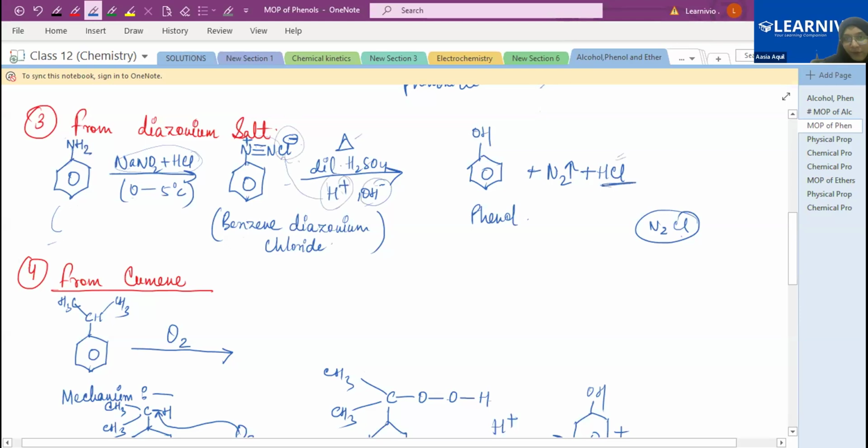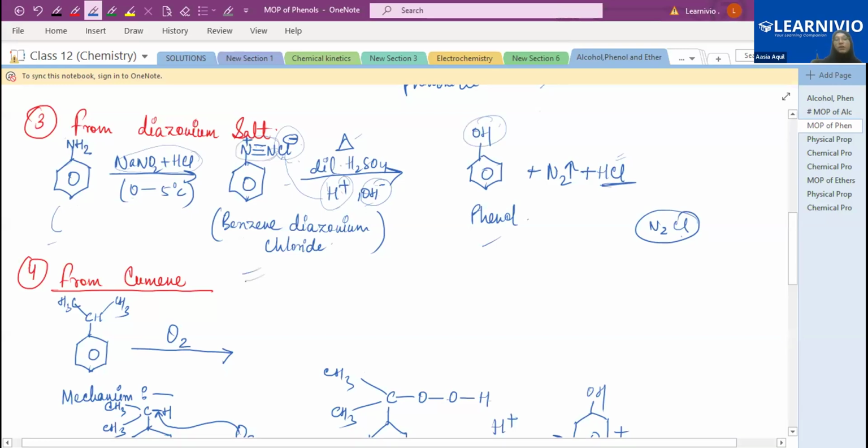Since N2 is a good leaving group, it leaves, and OH joins this carbon. So it will give you a phenol. From benzene diazonium salt, you can prepare phenol using this mechanism.